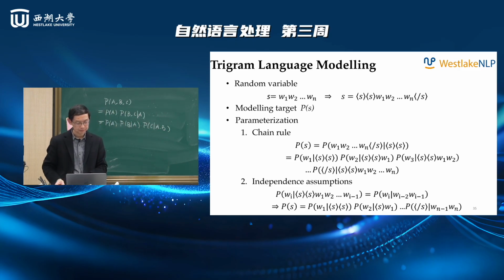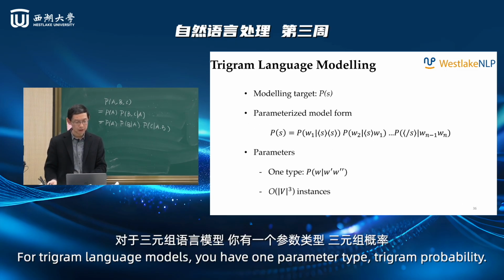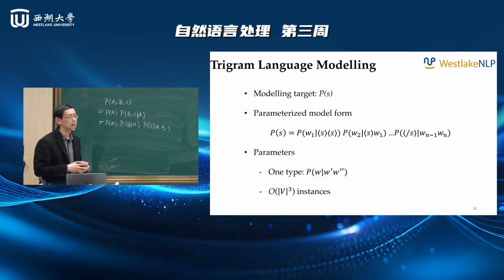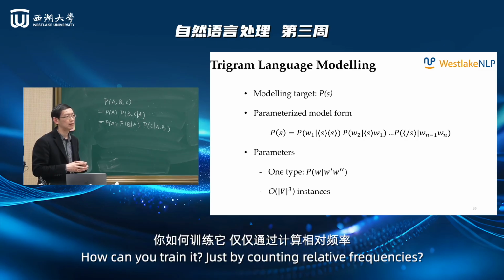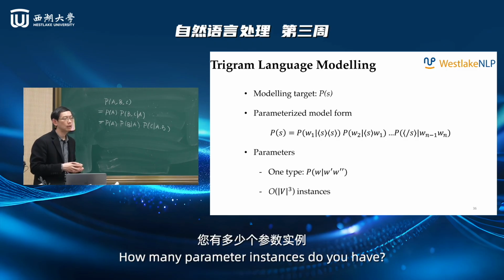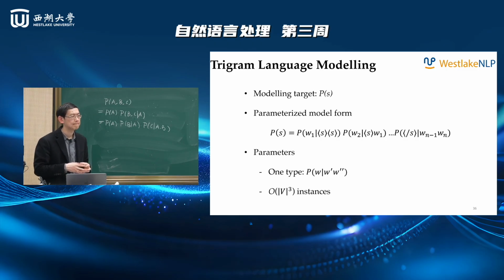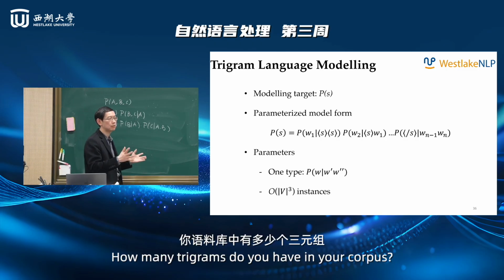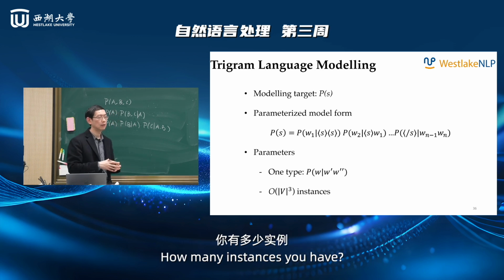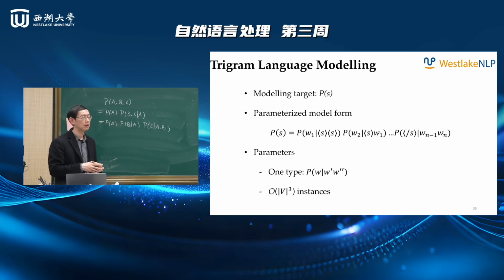So for trigram language models, you have one parameter type, trigram probability. How can you train it? Just by counting relative frequencies. How many parameter instances do you have? How many trigrams do you have in your corpus?